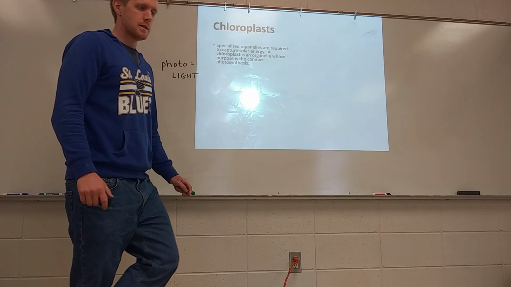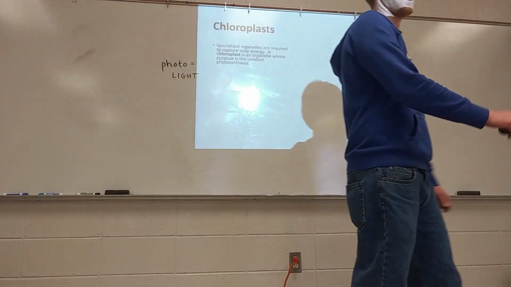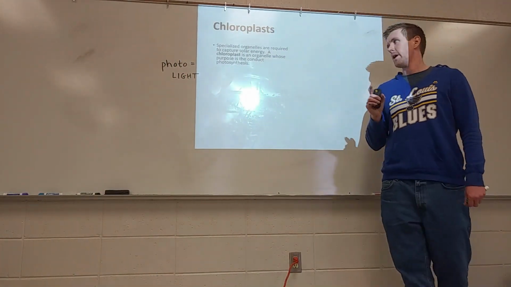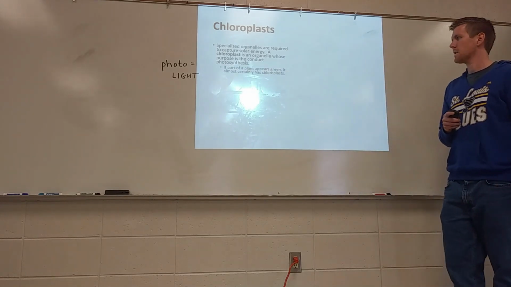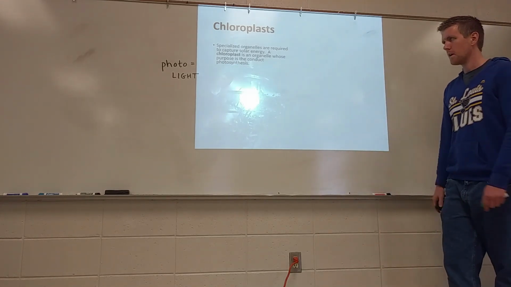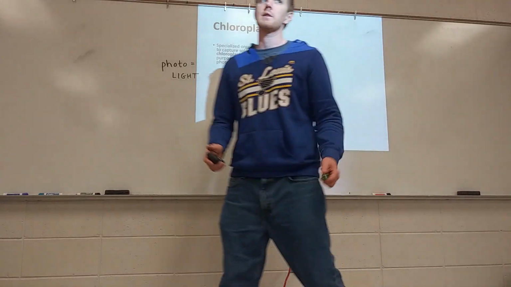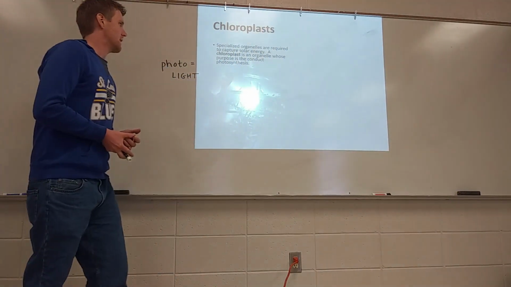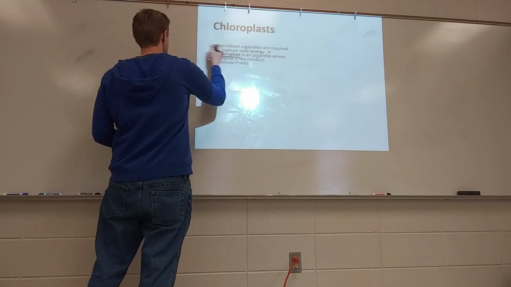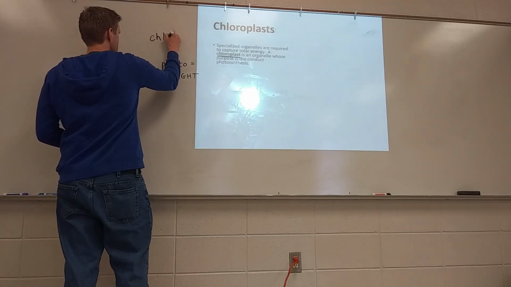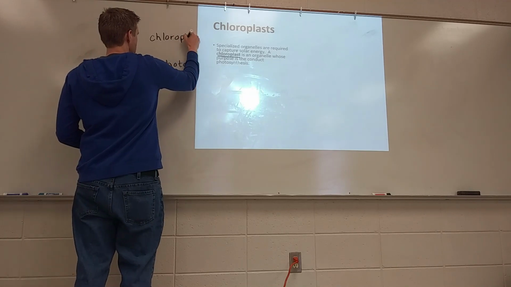So, chloroplasts. These are the organelles that, other than cyanobacteria, every single photoautotroph has. It's a specialized organelle that is able to harness the sun's energy, but it cannot conduct photosynthesis without the presence of a particular pigment called chlorophyll.